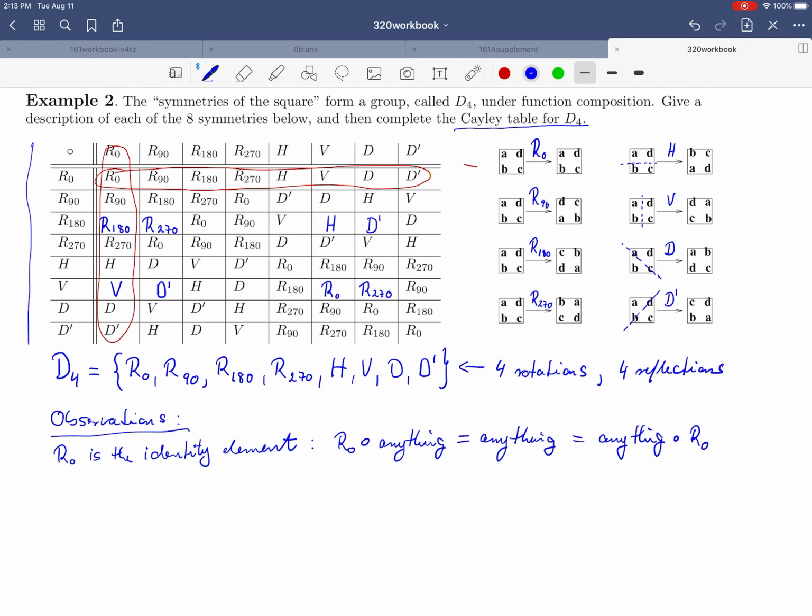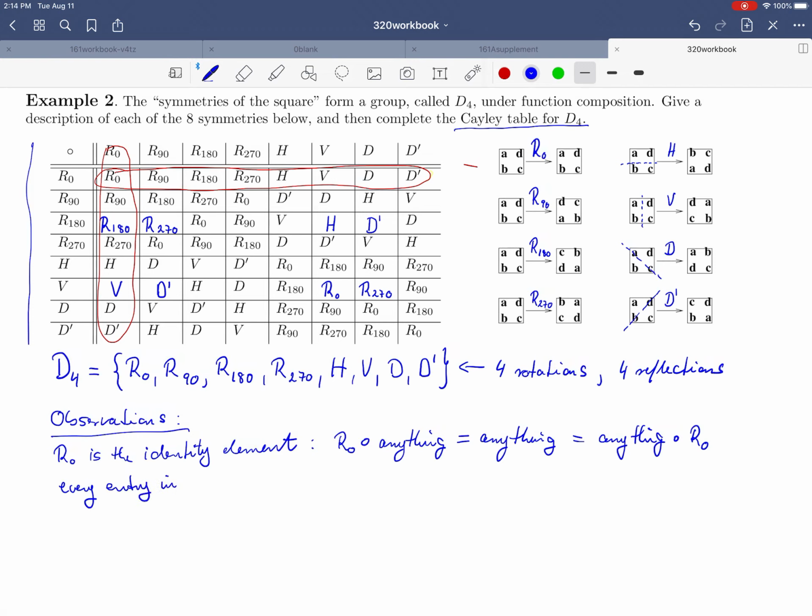One thing that you may not even have noticed that you noticed is that every entry that you are seeing in our table is a group element. So let me write that down.